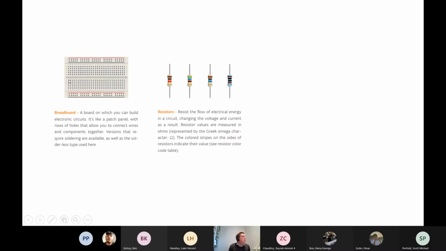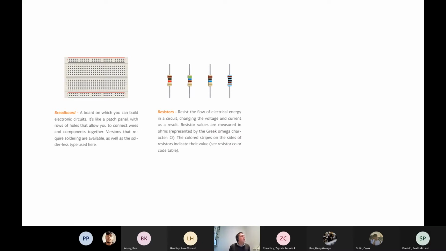So typically the vertical rows of 5 will all be connected to each other, and the horizontal rows just under the red lines and just above the black lines are also all connected to each other. And that turns out to be useful because you can make the red and the black lines the places where you connect up your battery, and then anywhere else you connect to those, you'll have either a +3 volts point or a 0 volts point, for example, if you've got a 3-volt battery.